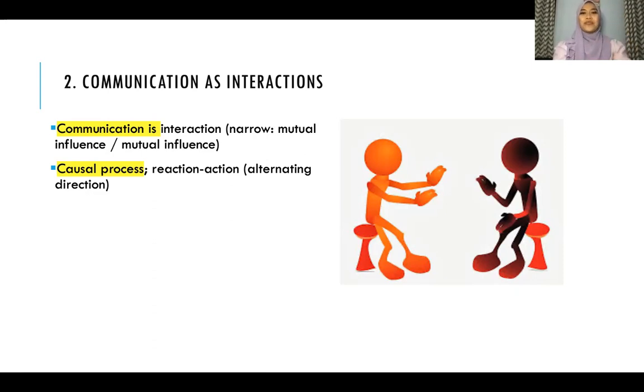The orientation is the same as communication as a one-way process, that is source oriented, because the communication proceeds from the speaker first, from the action first, then the receiver will give feedback afterward.